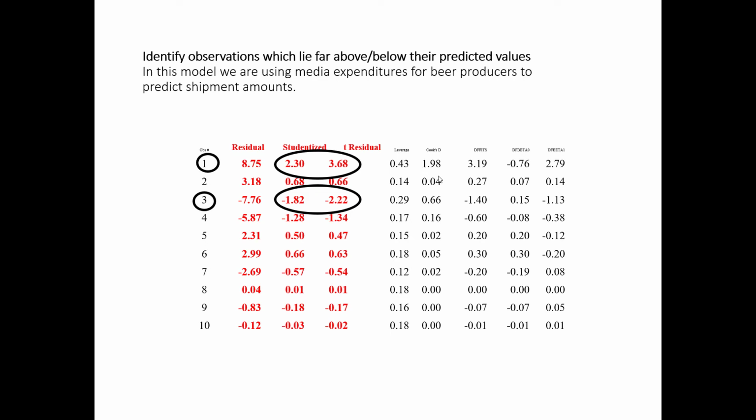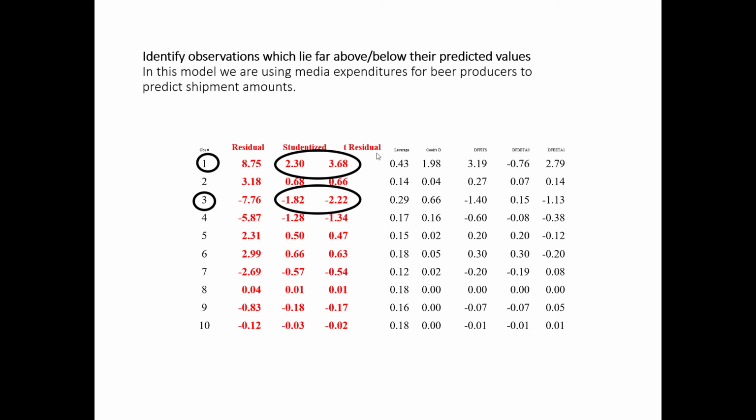A Cook's D of 1.98 further solidifies what the studentized and T-residuals are showing us. But observation 3, 0.66, is also very high, but not quite 1. So in that regard, we really don't know.